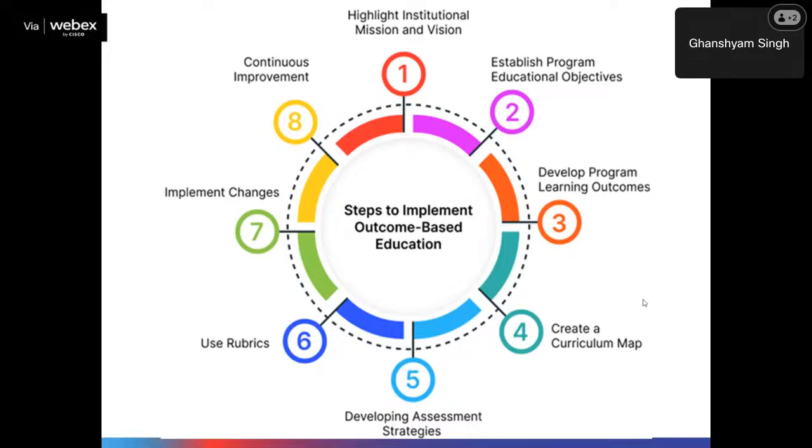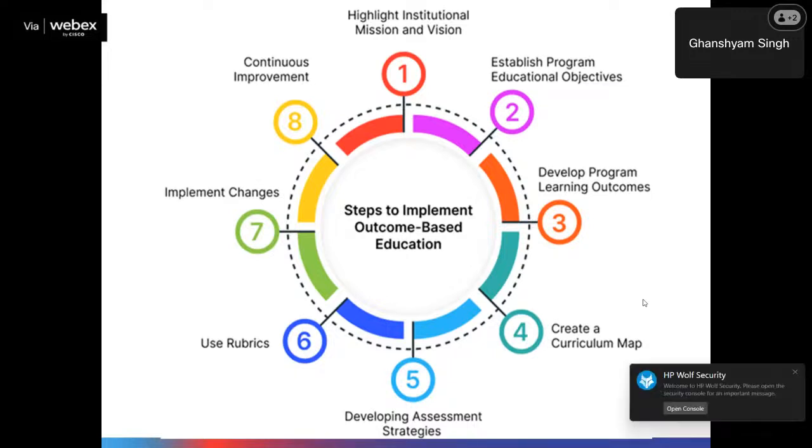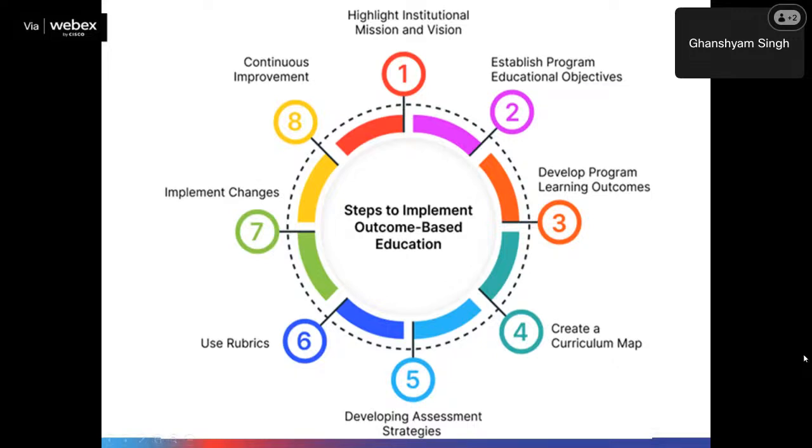They must have established the program educational objectives. They must develop the program learning outcomes and create a curriculum mapping according to their POs, the course objectives and the program objectives. They need to develop assessment strategies. These assessment strategies can be different for different universities, as per their curriculum and their student needs. They need to use rubrics.